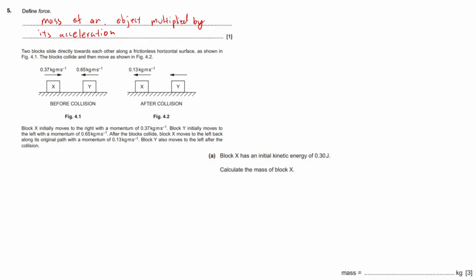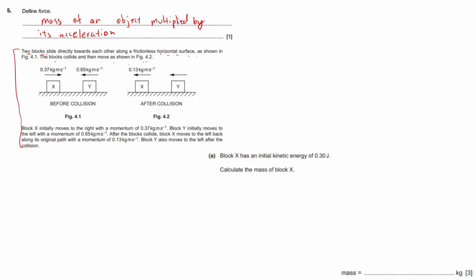I think I'm just re-explaining this, but this is just going to be the formula because F equals ma, right? But the thing about Cambridge is that their mark schemes will allow you to just write the definition in words, which I did here.